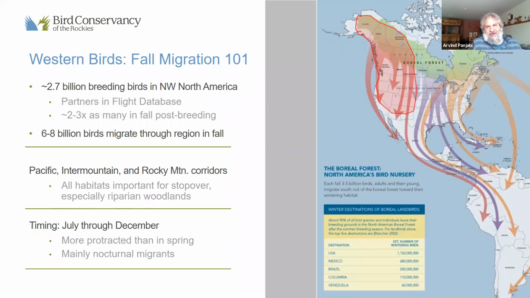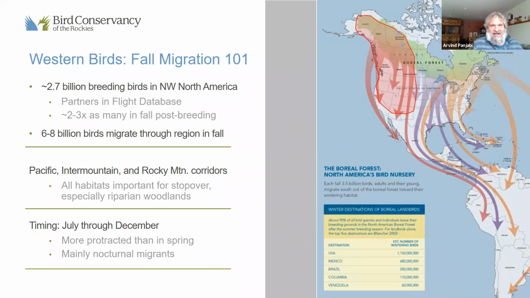But within the western flyway, there are a few different pathways as well. The Pacific corridor funnels birds down, particularly along the coastal mountains from Alaska down through California. And then we have the Great Basin Flyway in the middle, in the Intermountain West, and then through the Rocky Mountain region and Front Range and Western Plains.